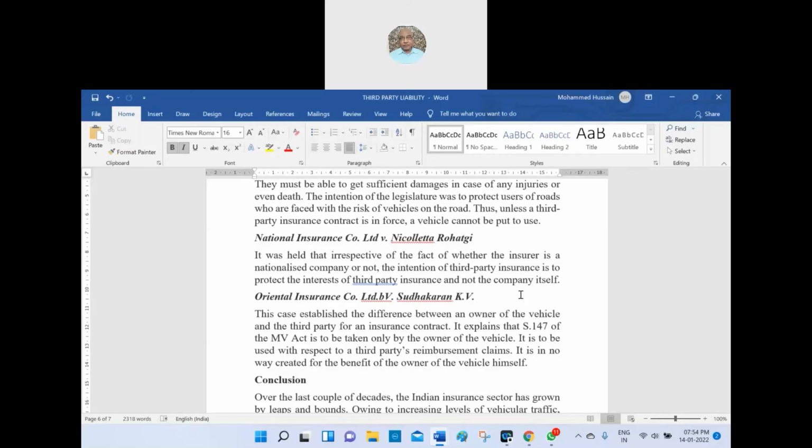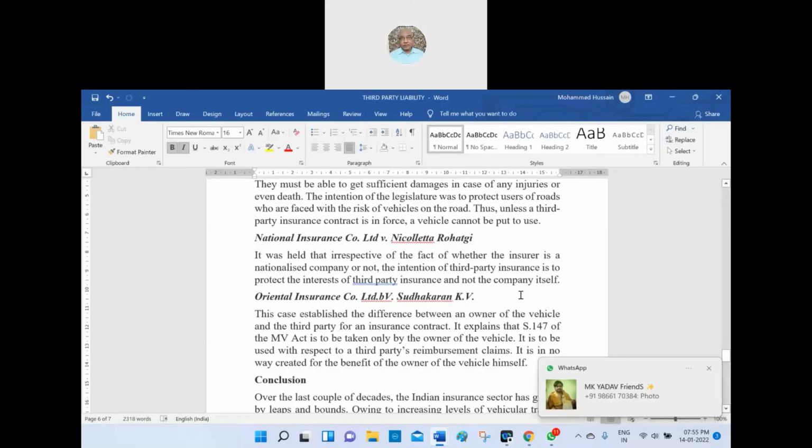Whether it is the private insurance company or the nationalized insurance company, it doesn't make any difference to the third party. Whoever it may be, the insurance company has to come to the rescue of the third party when the insurance is in existence. Is it clear?